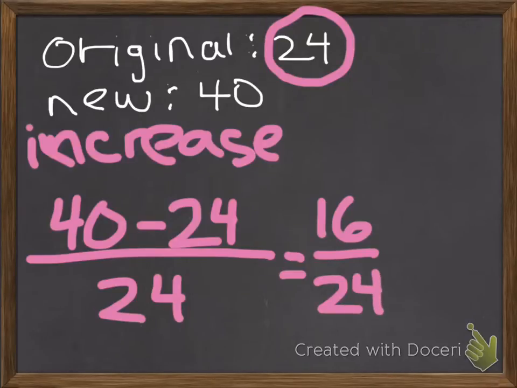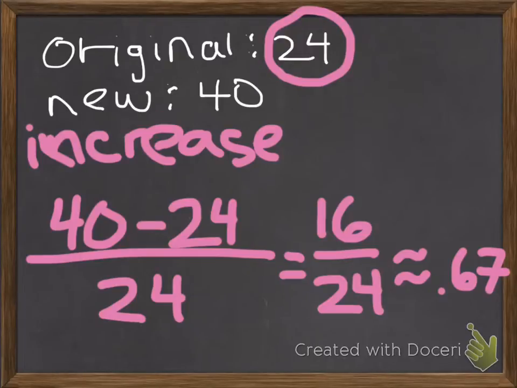Now let's say the last one we simplified first to get our decimal. This time I'm not going to simplify it first. To get our decimal, I'm just going to take 16 divided by 24, which gives me 0.6 repeating. So I could say this is about 0.67.